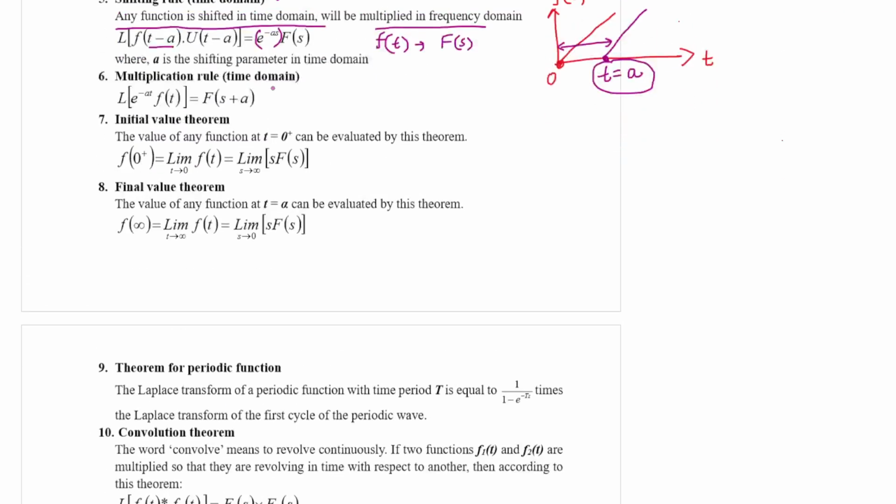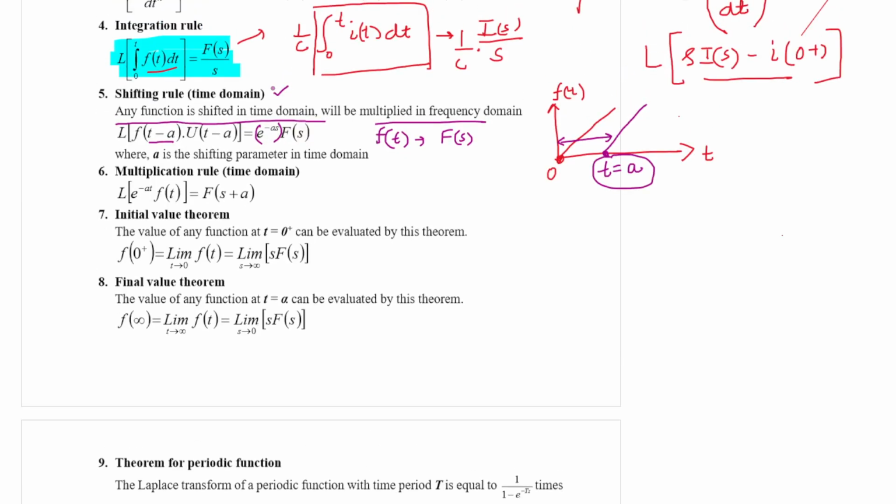Now the next rule is just the reverse. Rule number 6 is the multiplication rule. Suppose we have a function f(t), and with that f(t) we have an exponent term, e to the power minus at, that means it is multiplied in the time domain. If you apply the Laplace transform on this function, the result will be a shift in the frequency domain, F(s plus a).